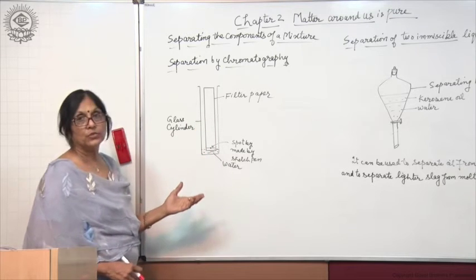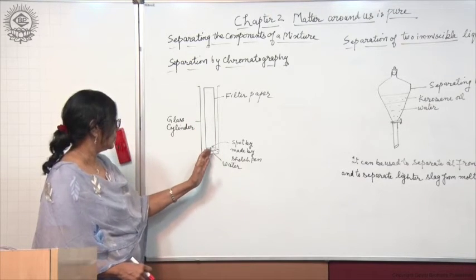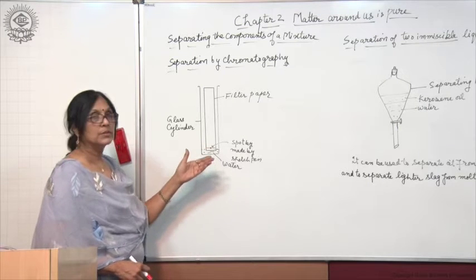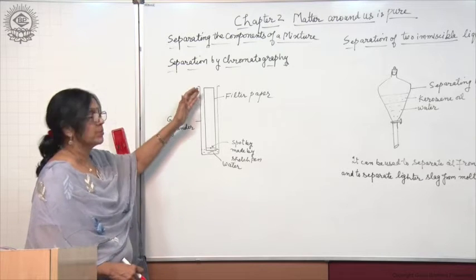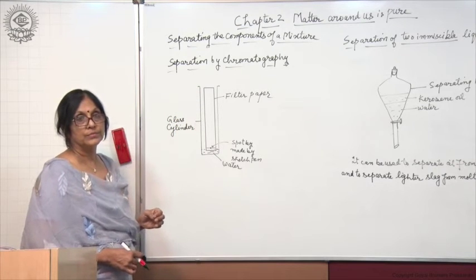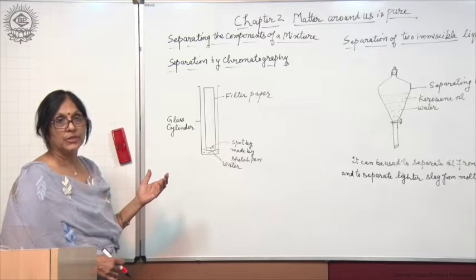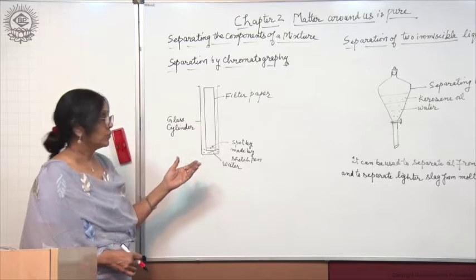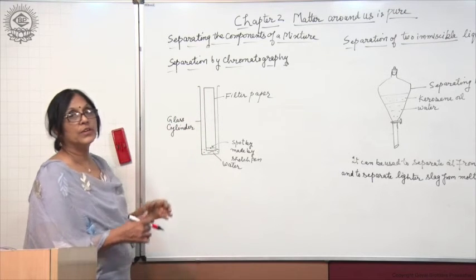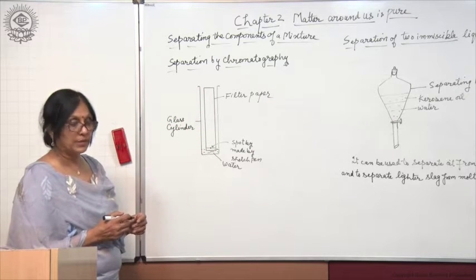The ink is soluble in water, it dissolves in it, and the different components present in the ink rise up with the water. These solid substances present in the ink have different solubilities, so they rise up to different heights and can be separated.